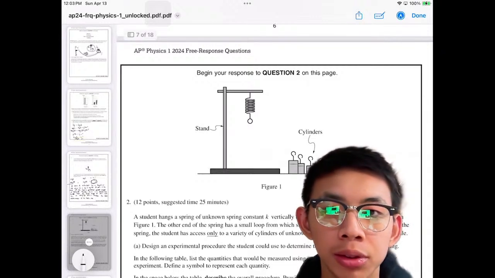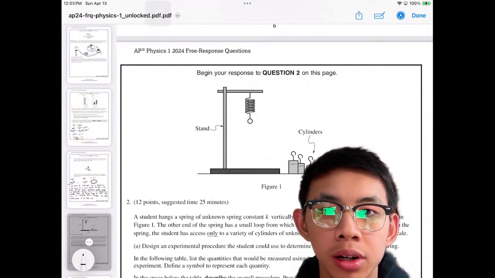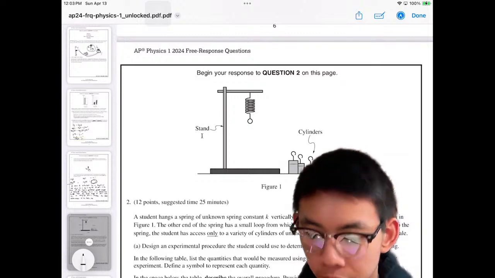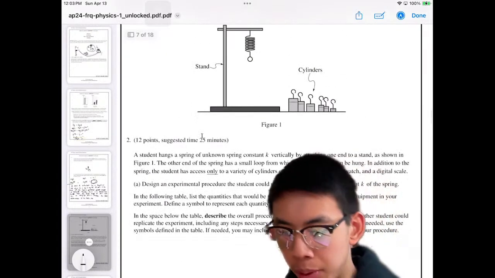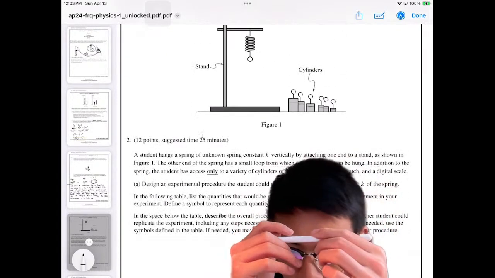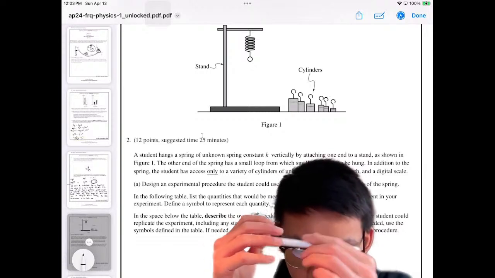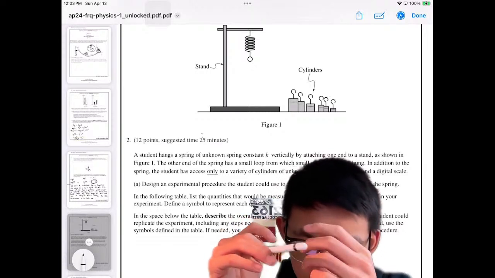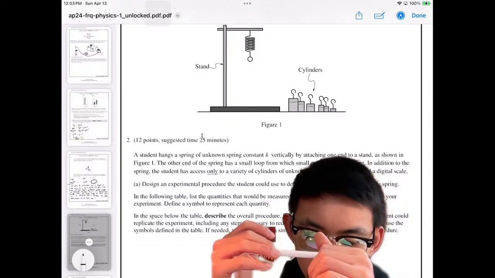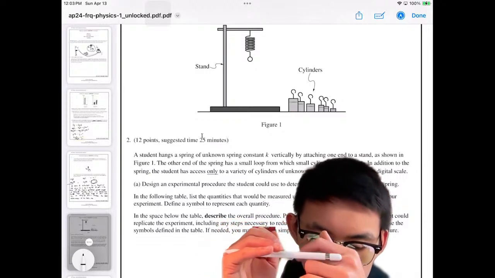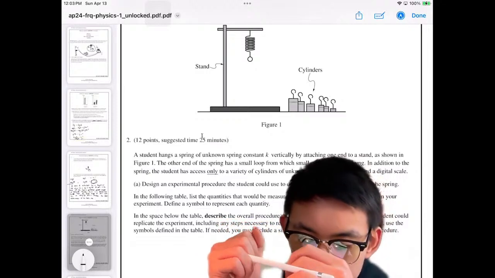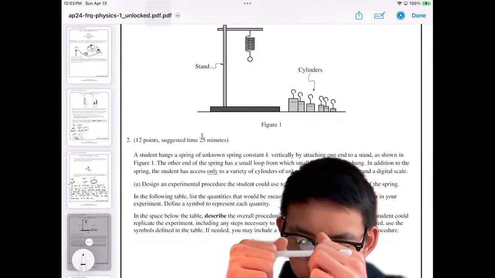Okay, we're flying through these FRQs right now. Here we go. I'm given that a student hangs a spring of unknown spring constant k vertically by attaching one end to a stand as shown in figure 1. The other end of the spring has a small loop from which small cylinders can be hung. In addition to the spring, the student has access only to a variety of cylinders.